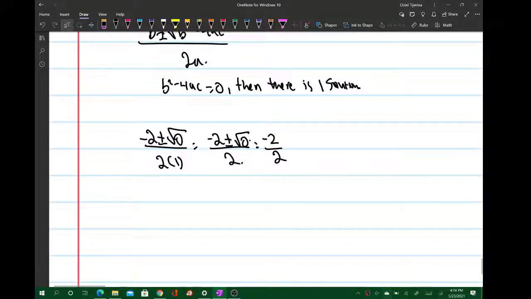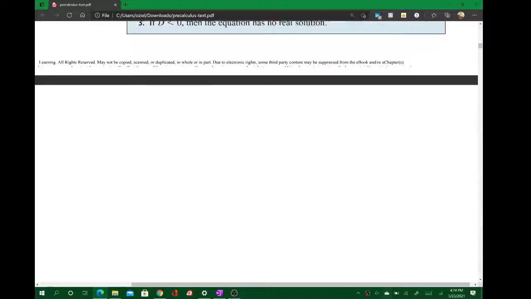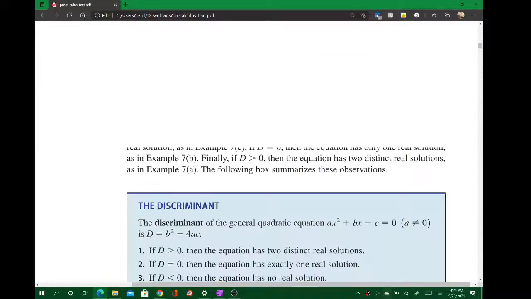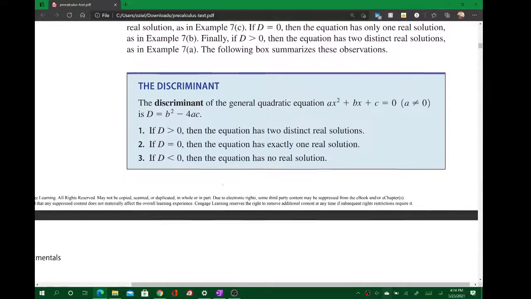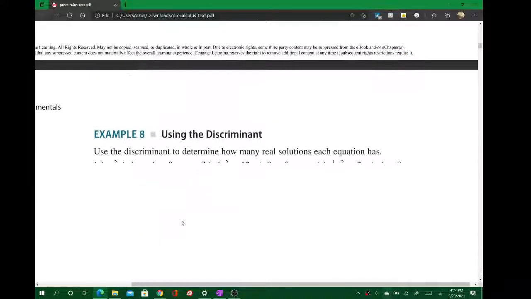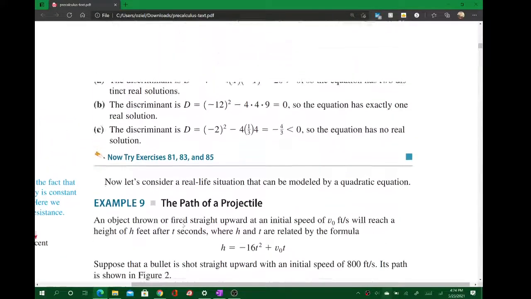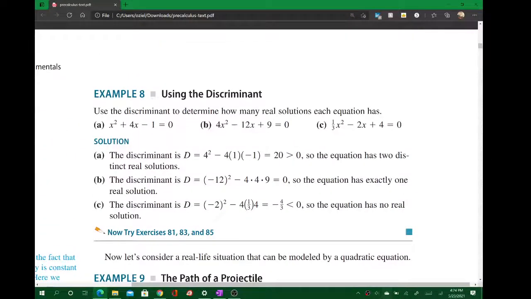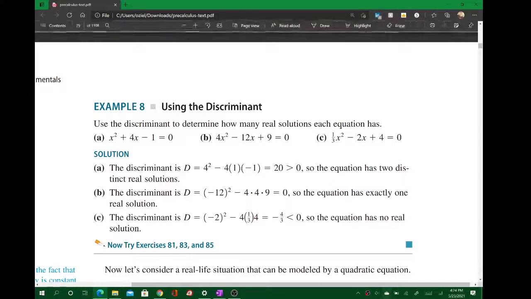Now let me go ahead and explain how they're doing this. On the first one, they're saying the discriminant, which is b squared minus 4ac.